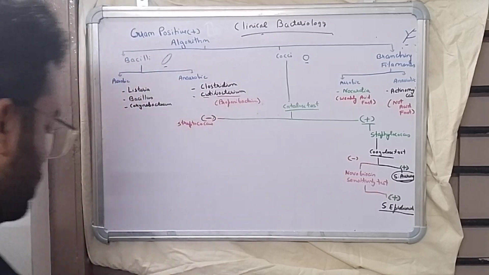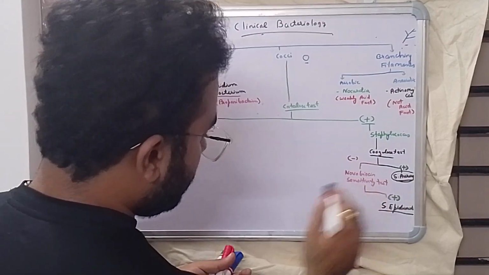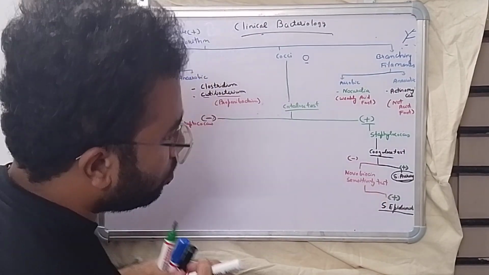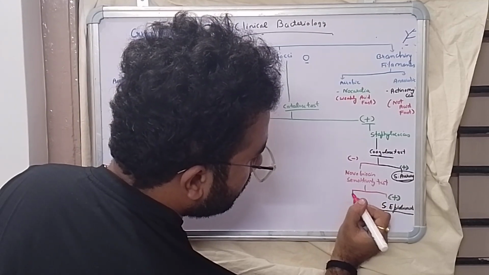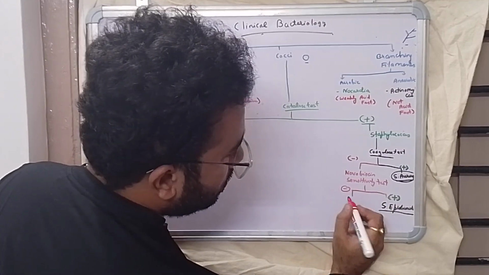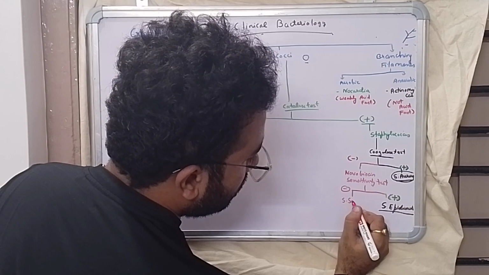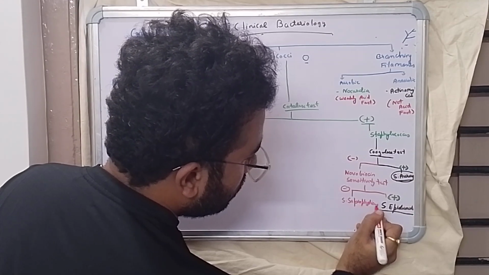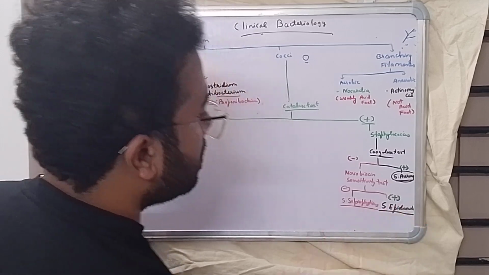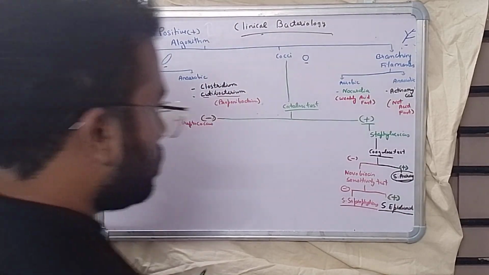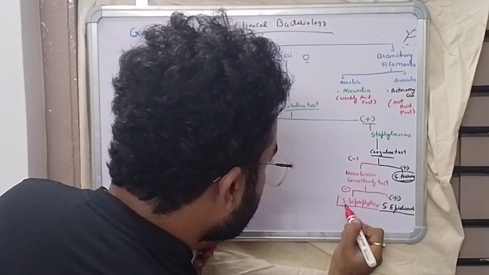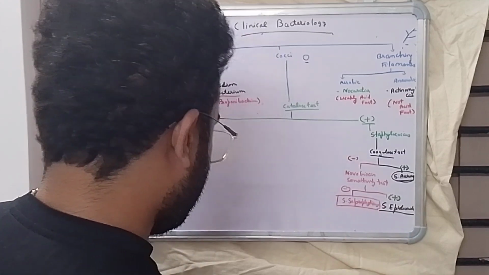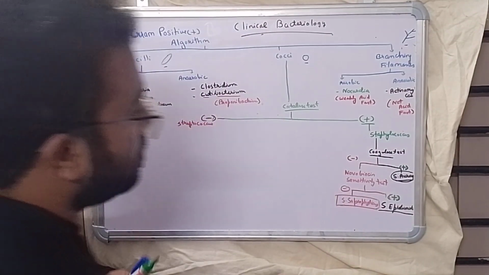While for the novobiocin sensitivity test negative, the bacteria is S saprophyticus. So here it is S saprophyticus and here it is S epidermidis.